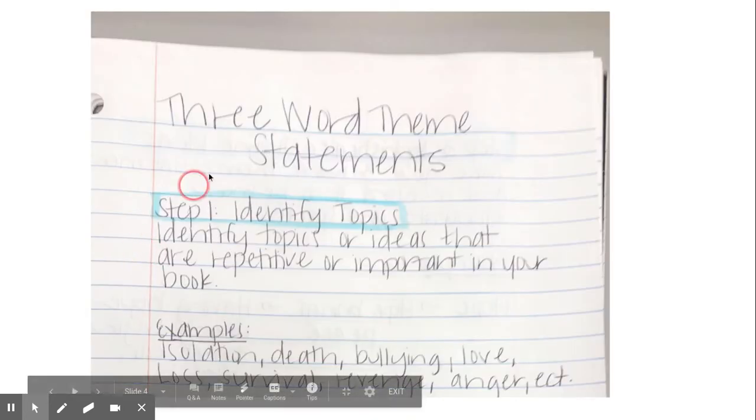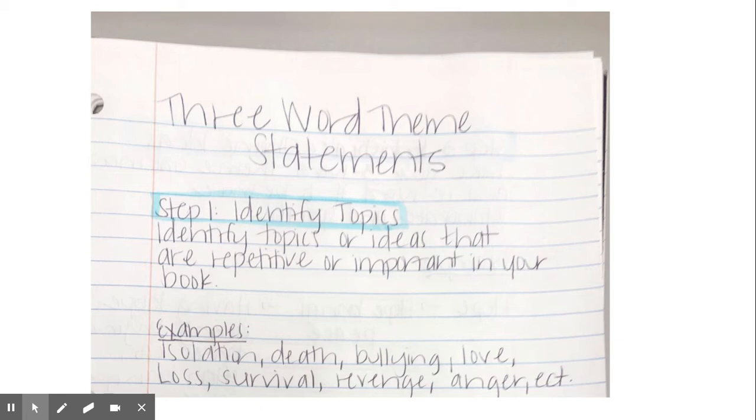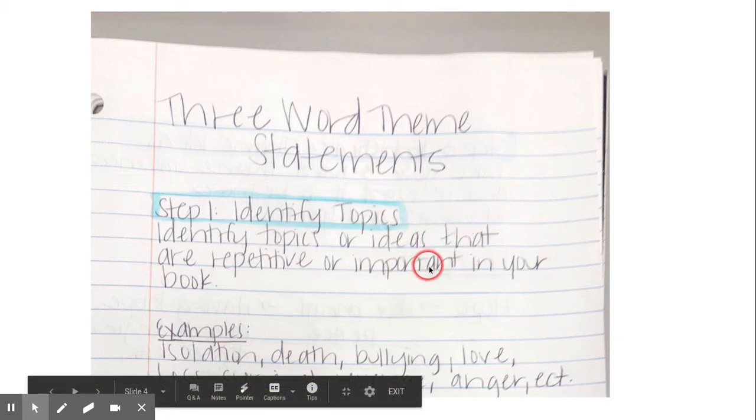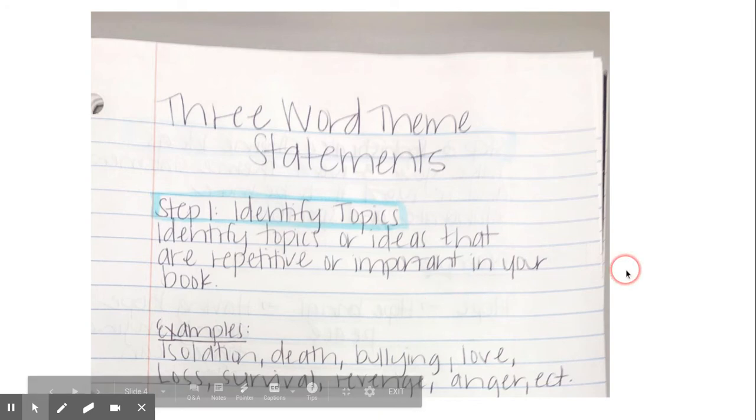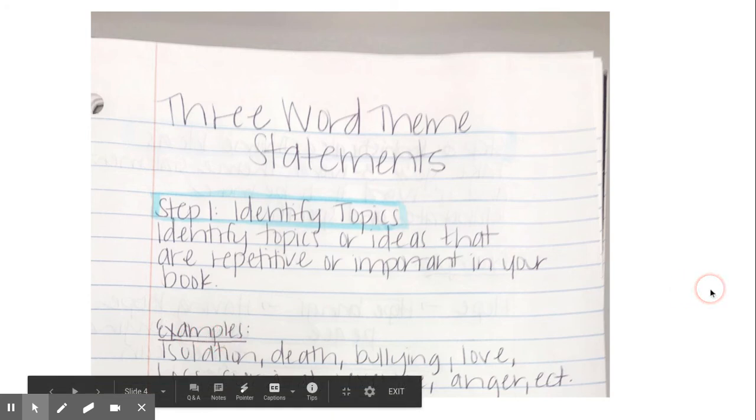You should have labeled it 3-word theme statements. You should have put step 1, which is to identify topics. You should have written the definition of step 1, which is, identify topics or ideas that are repetitive. And then let's go ahead and include some examples of topics.